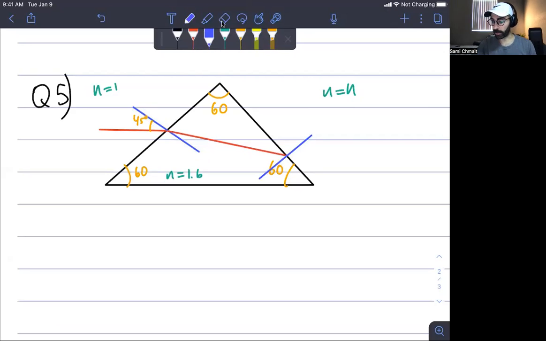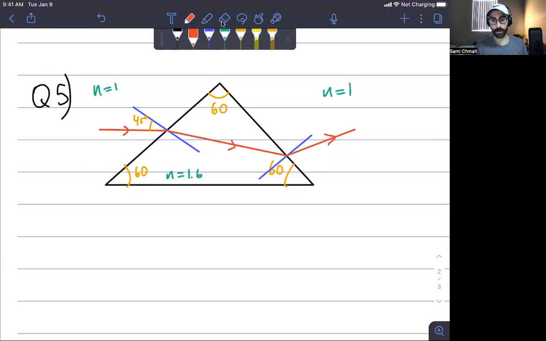And then the light comes out on the other end. Let's say it's like this. Something like this, right? And remember what I told you, like when it goes from low to high, it bends towards or away. They don't ever look for that. As long as your diagram is correct, it's good, right?